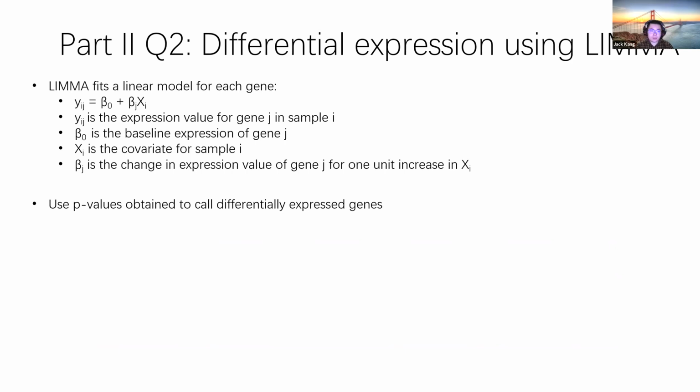And to fit limma, you need to first use this model.matrix function to create a design matrix. This is an example of a design matrix. Because you have 60 samples, you should have 60 rows here, and 2 columns. One column is the intercept, which is always 1 for each sample, and another column corresponds to the covariate value xi, or specifically in this case subtype 2, indicating whether the sample belongs to subtype 2, like 0 for no and 1 for yes.